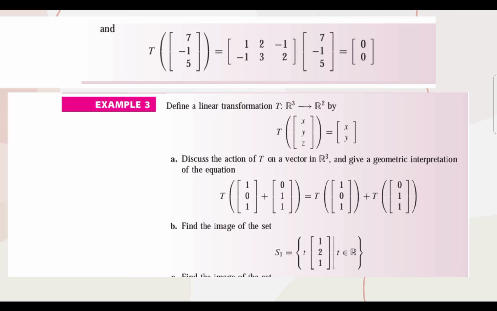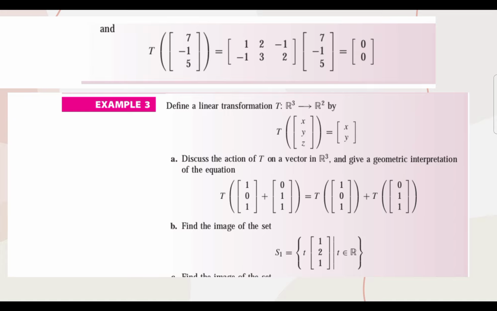Then the second vector, to find the image of (7, -1, 5), we perform the same operation, which is T(7, -1, 5) = [1, 2, -1; -1, 3, 2] times (7, -1, 5).